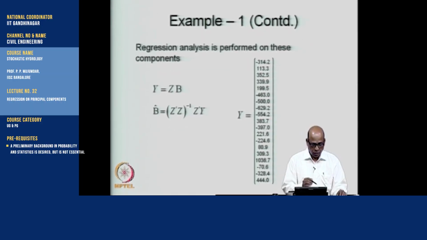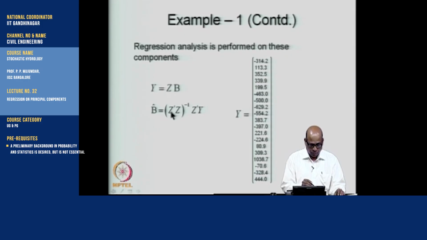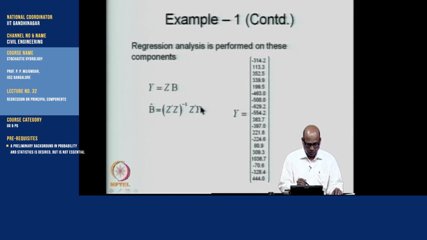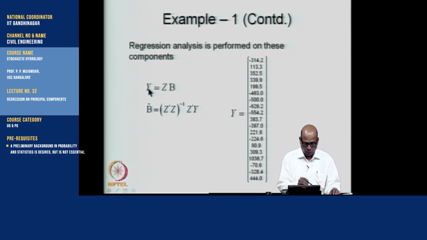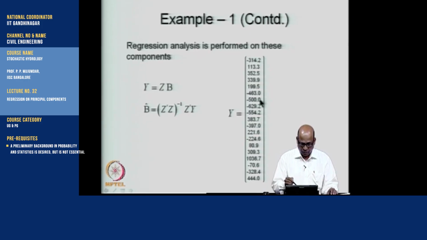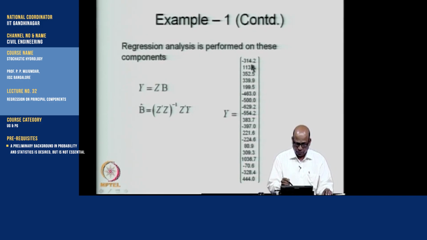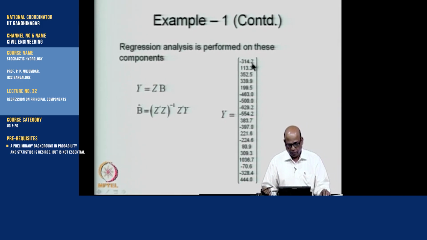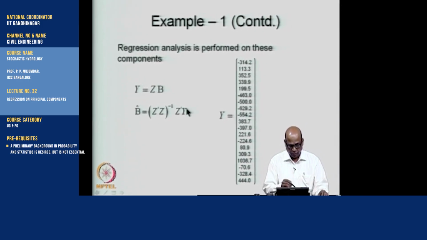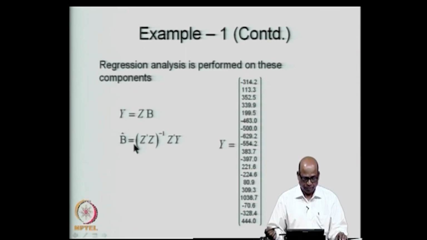So, we know Z, therefore, we can get (Z dash Z) inverse, and Z dash is obtained, and we know y is the vector of the centered values of the dependent variable. So, we know y and therefore, we can get b cap. Now, b cap is the estimated values of the parameters beta 1, beta 2, etcetera, up to beta p.